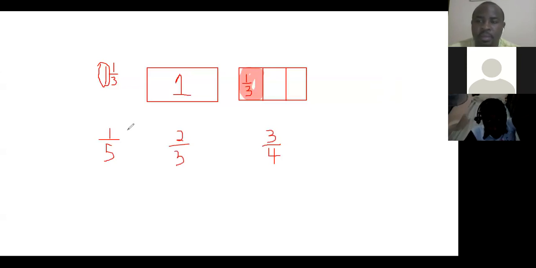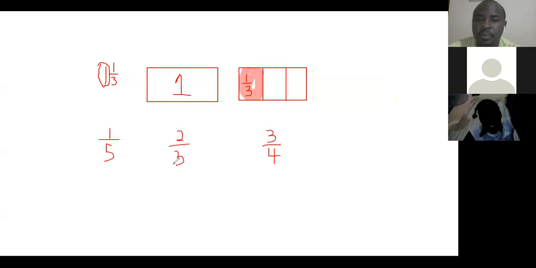1/5. It means 1 equal part out of 5 total equal parts of a whole, right? Yes, sir. Okay.